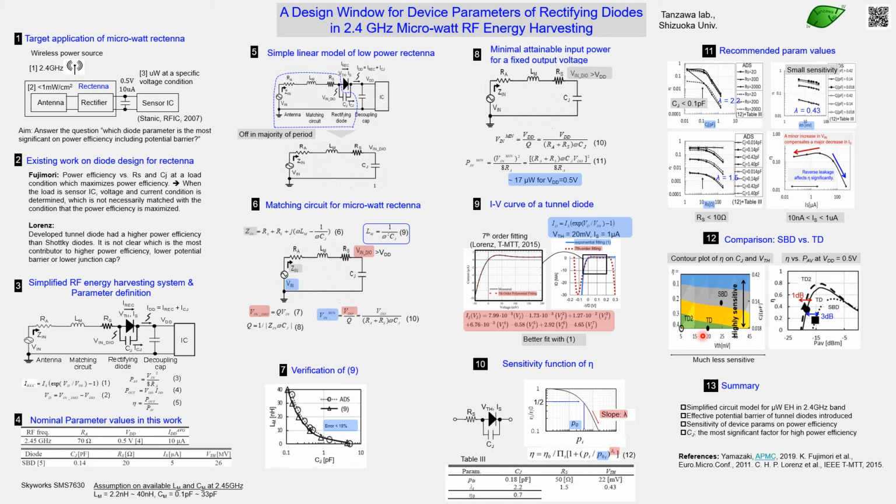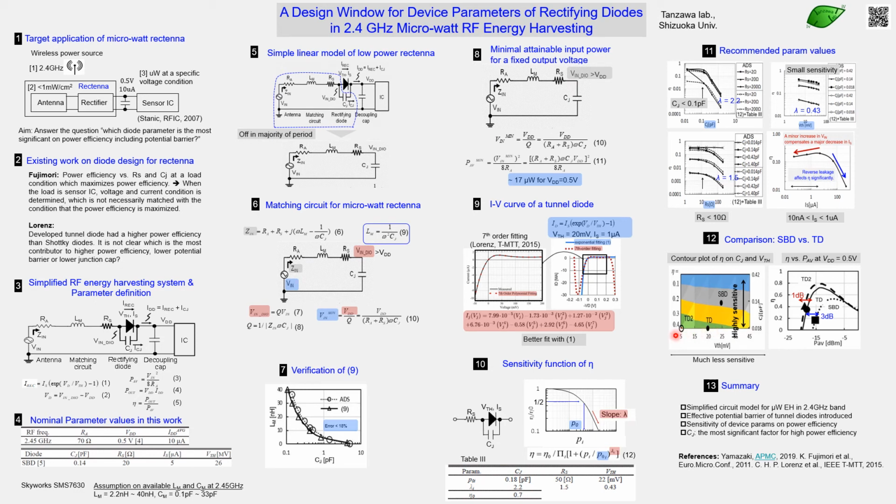The tunnel diode has very low junction capacitance, so that's why their tunnel diode has higher power efficiency than the standard Schottky barrier diode. The reason was not the reduction in potential barrier, but the reduction in CJ.